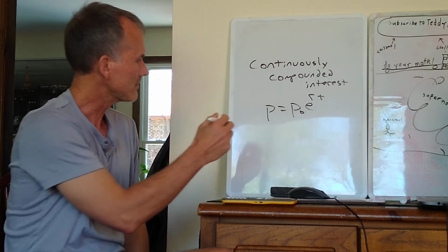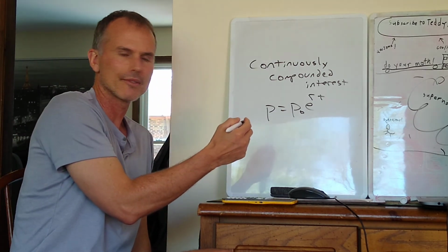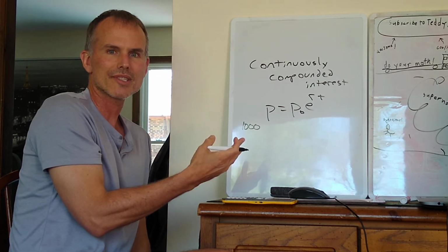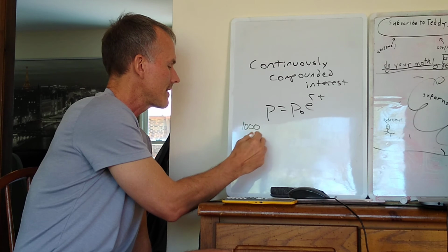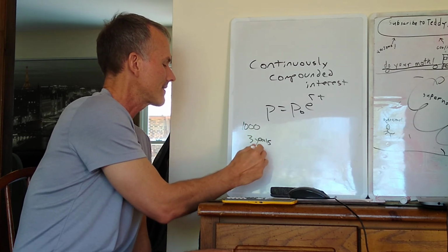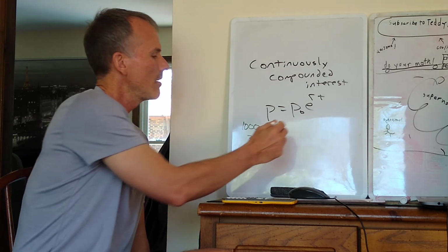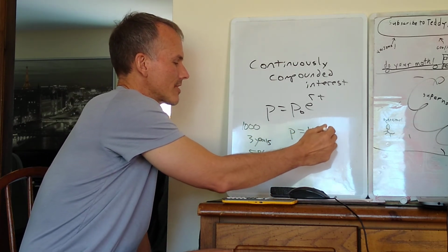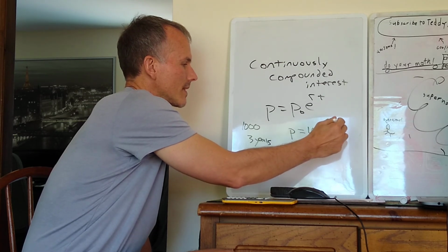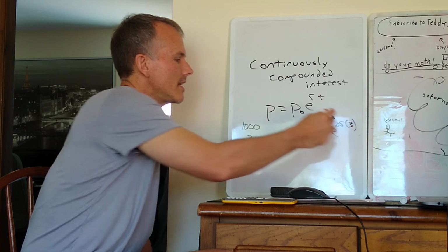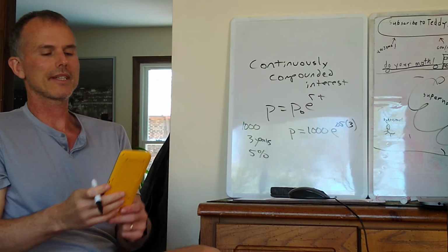So, say I was to invest $1,000 compounded continuously for 3 years at 5% annual interest. How much do I end up with? I put 1,000 in as my initial amount, e to the 0.05 times 3 years, and I enter that into my calculator.